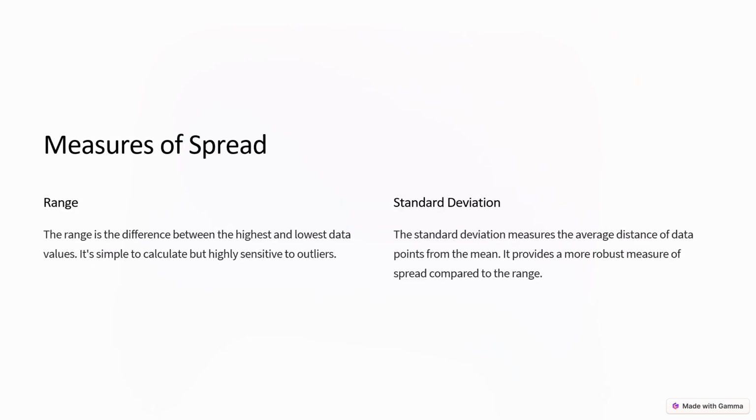Also, we talk about the measures of spread. Here, when you talk about the word spread, we are interested in the variation. And here we talk about the range, the standard deviation, and also the variance. Range is the difference between the minimum and the maximum value.